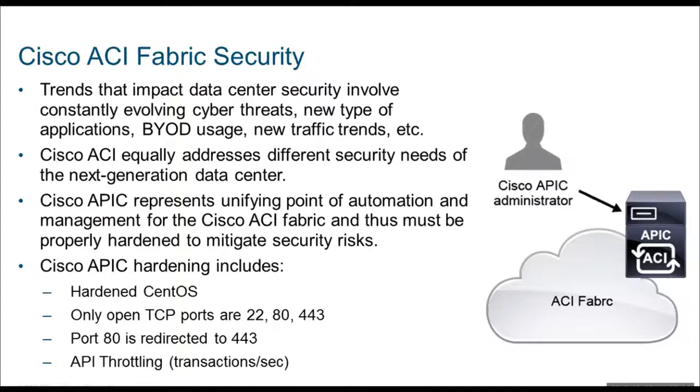And also, you don't want possible security breaches by allowing the API to handle too many. If it can handle too many transactions every second, you could invoke dictionary attacks. So inherently, they have throttled the number of transactions per second.